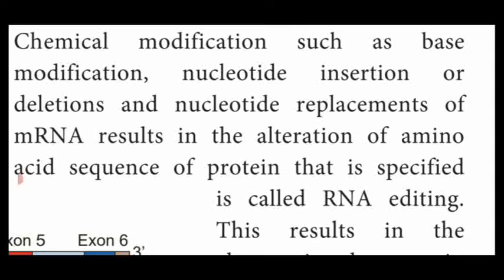Then insertion and deletion of nucleotides. Then replacement of nucleotides, which forms the different amino acid sequences of protein. So that specified protein produced in the cell organelle is known as RNA editing.